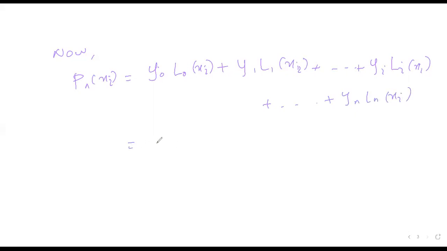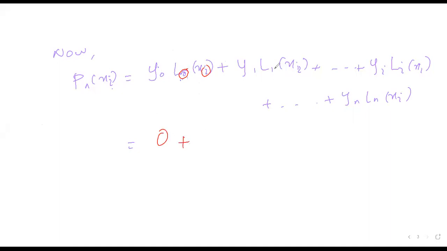As I said, if I put xi, the 0th term in the first Lagrange polynomial, there's no xi in it, so as I said, different points give you 0. Whatever you are multiplying, you will get 0.